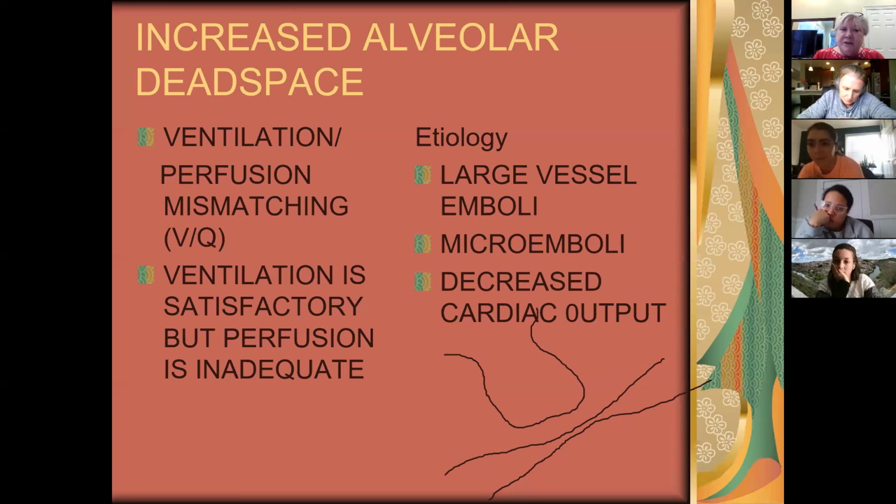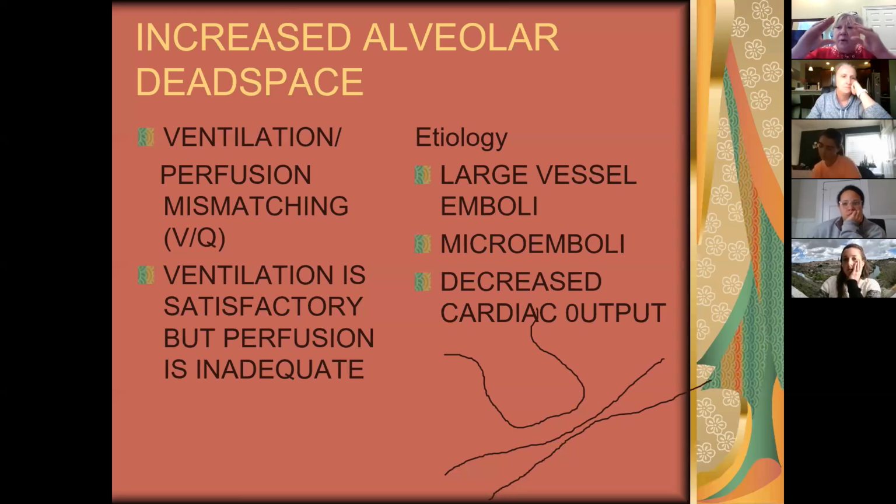So again, PEs are very common, emboli, or let's think about the patient who we just put on PEEP and we decrease their cardiac output and they go into cardiovascular collapse. Their blood vessels start to clamp down if there's not enough blood in them. And so gas exchange doesn't happen past those vessels in the lungs that are clamped down. There's no clot in them. They just have no blood in them either, because we didn't pump enough blood out of the heart.